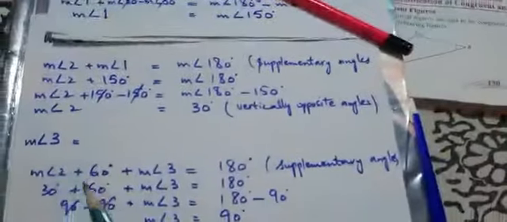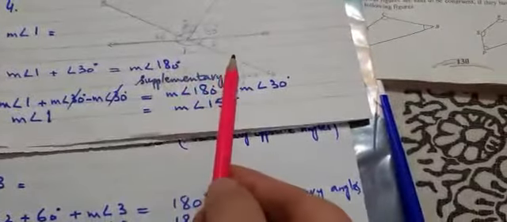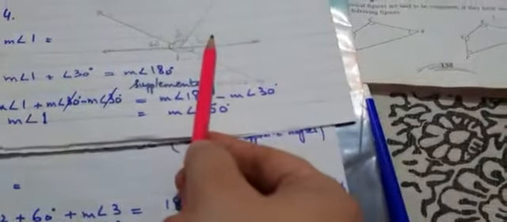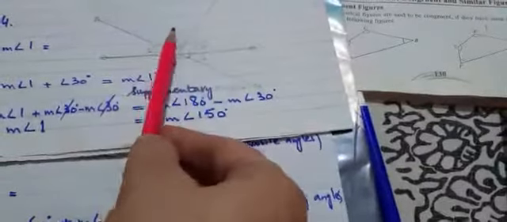So for angle 3 we will make an equation: measurement of angle 2 plus 60 degrees plus measurement of angle 3. We take the sum of these three angles, which is equal to 180 degrees.